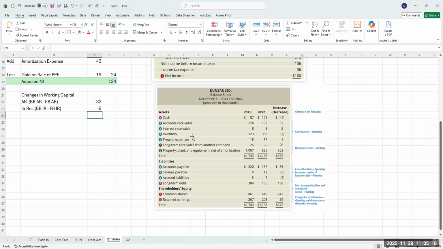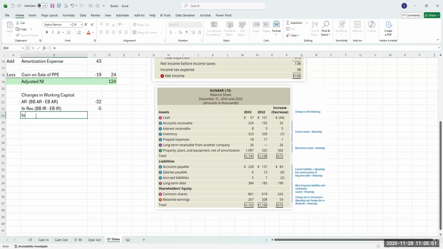Why? Because if the beginning balance is equal to the ending balance, that means we're collecting the interest revenue. If the beginning balance is less than the ending balance, that means we're adding more to interest receivable. So whatever interest revenue we're generating during the period, we haven't received it yet. So that's a reduction in our cash of $5.